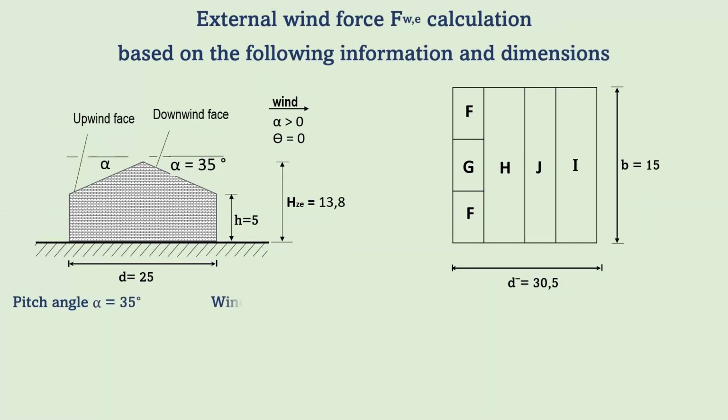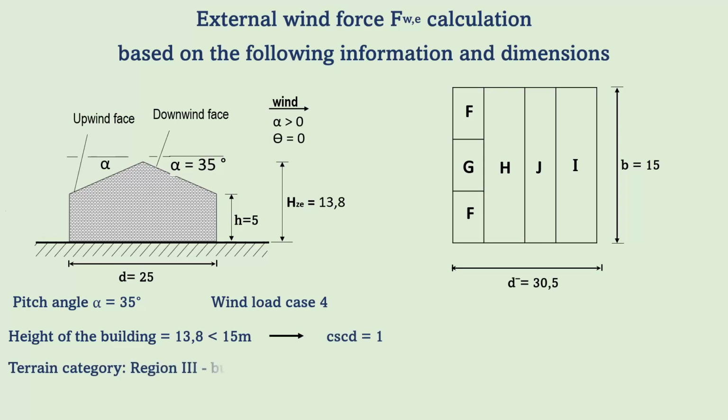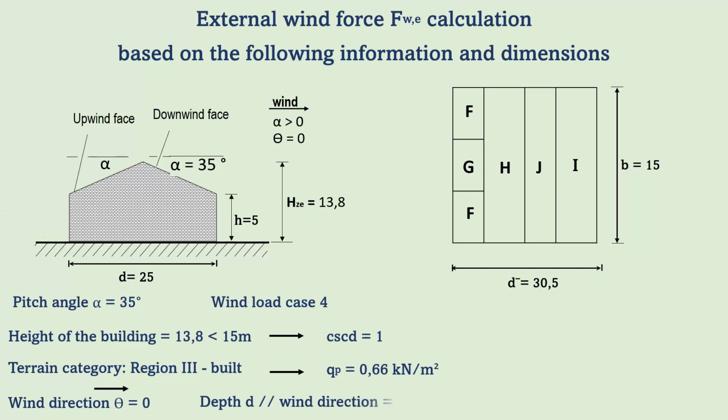Pitch angle alpha 35 degrees, wind load case 4, height of the building less than 15 meters, thus CSCD equals 1, terrain category region 3 built, thus QP from the table of peak velocity pressure as a function of height equals 0.66 kN per square meter, wind direction 0, D is the depth of the building parallel to the wind direction equal to 25 meters, and B is the width of the building perpendicular to the wind direction equal to 15 meters.